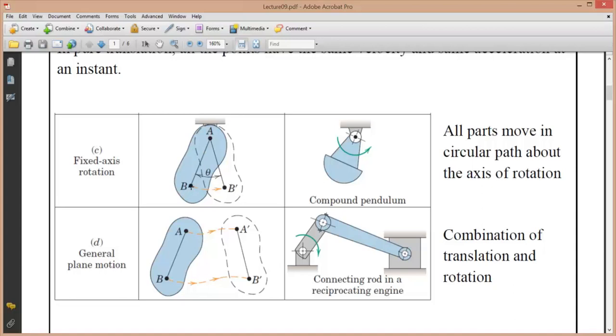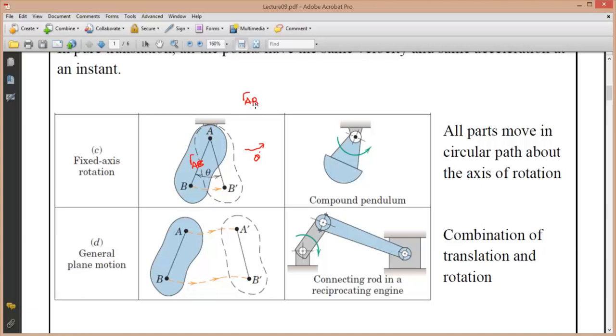Now, if we consider point B, the type of path it's going to follow will be a circular path, and the radius of that path will be RAB. If the rigid body performs a motion with some angular speed theta dot, then the linear speed of point B will be RAB theta dot.